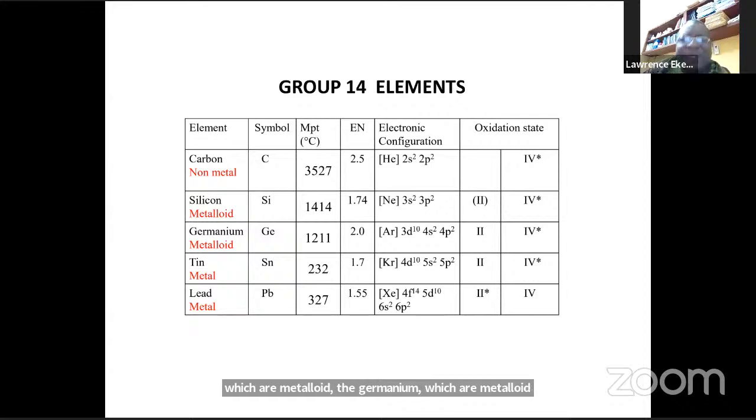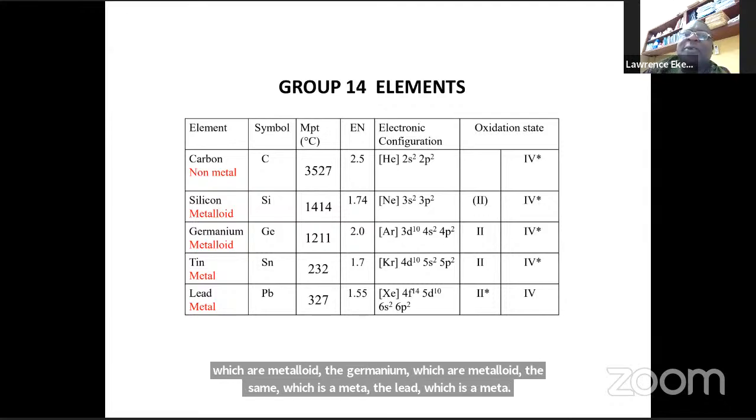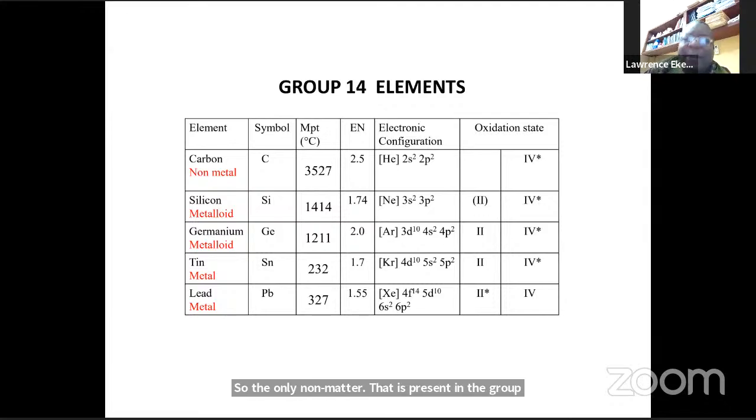So the only non-metal present in group 14 is carbon. Silicon and germanium are metalloids, which are commonly used for semiconductors. Then we have the metals, which are tin and lead. So these are the group 14 elements.